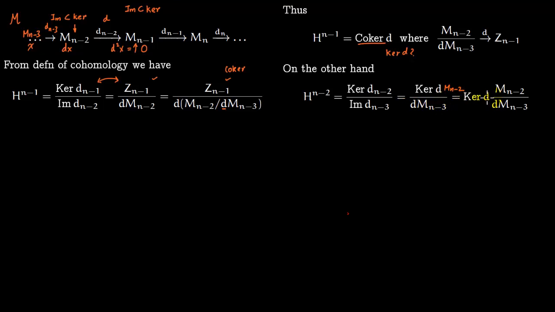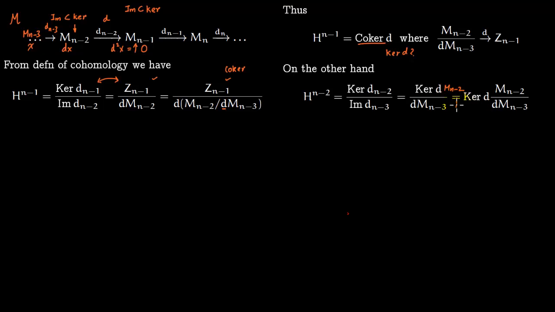So you write this as the kernel of d on M n minus 2 over d M n minus 3. Nothing much has changed. In this case you first take the kernel and then modulo out with the image. Here you first modulo out with the image and then take the kernel. It is not going to matter in any case because d squared would be 0.